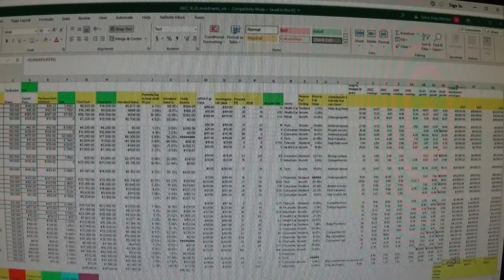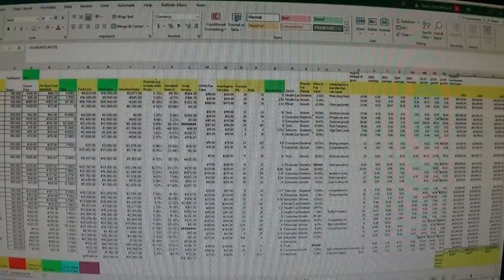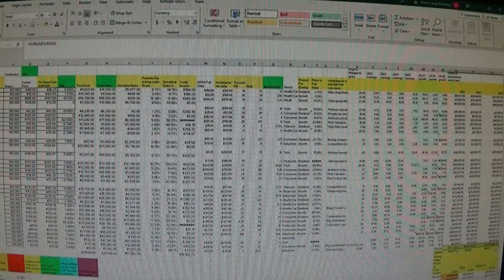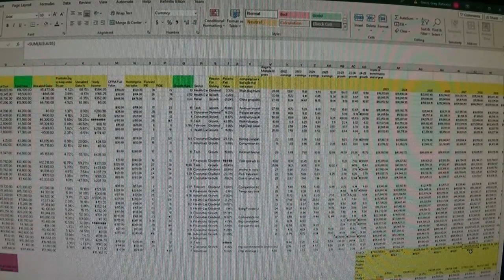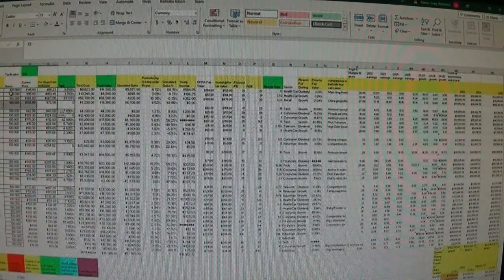And I tabulate right here how much your whole portfolio is going to be worth years from now. It's really nice to see that because you can plan for big expenses, or if you want a retirement, you pick whatever time you want to retire and how much you want, and you use these formulas. The formula is very simple.